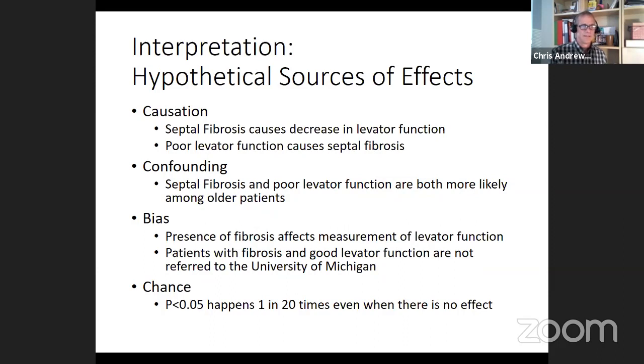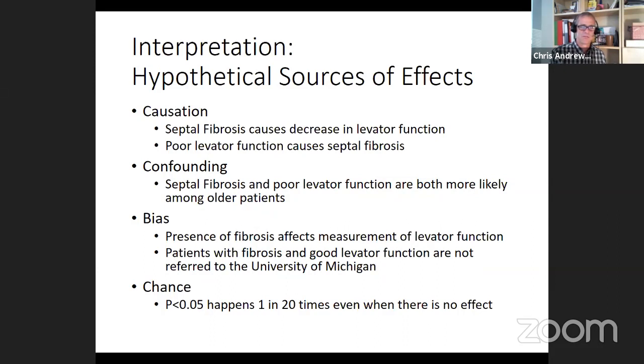Bias is also a problem in statistical studies. This is not necessarily a conscious bias, but it could be that it's not really that the levator function is worse. It's just that the presence of fibrosis is somehow affecting our ability to measure it. Either the tool that we're using is unable to be used as well on patients with fibrosis than patients without.